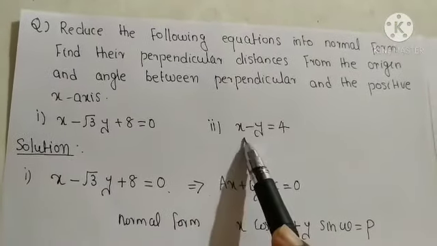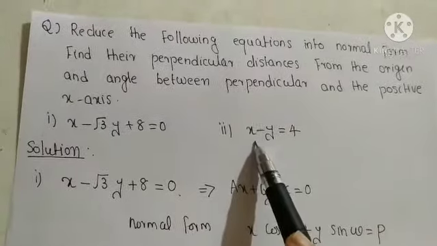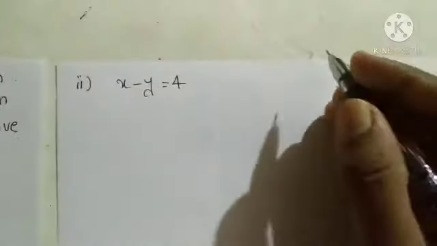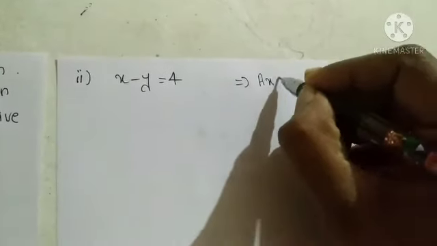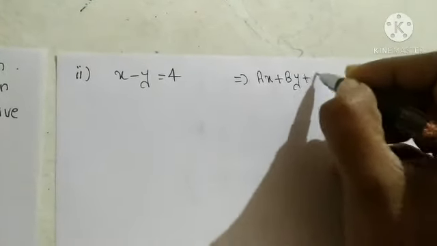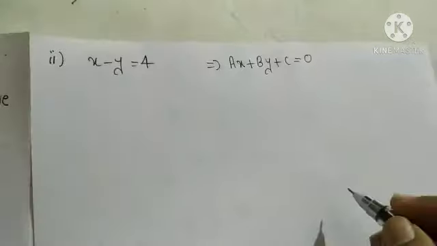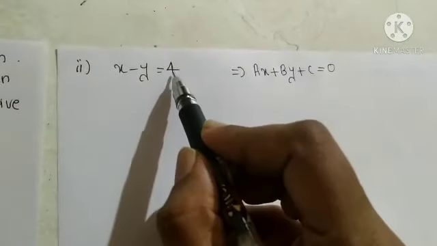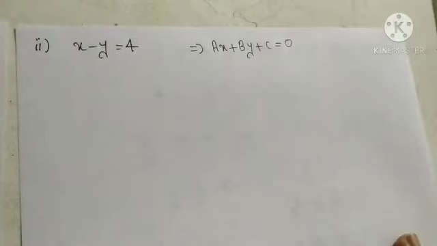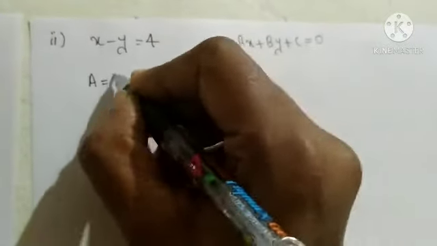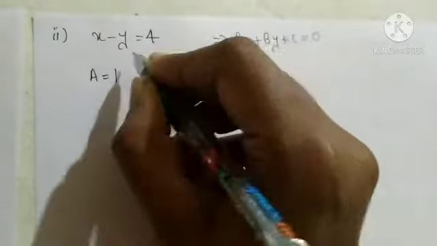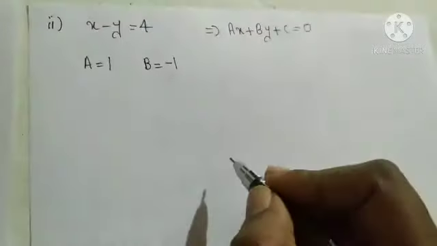Next, moving to the second part of this question, that is x minus y equal to 4. This is in the form of the general equation of a line, ax plus by plus c equal to 0. So here c is positive. Here a is the coefficient of x, that is 1, and b is the coefficient of y, that is equal to minus 1.